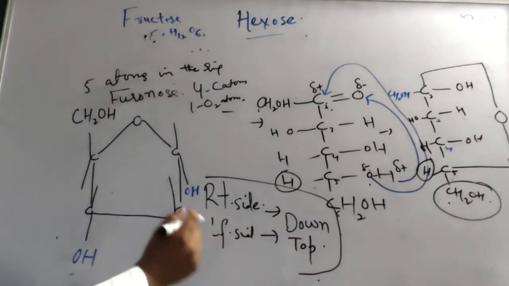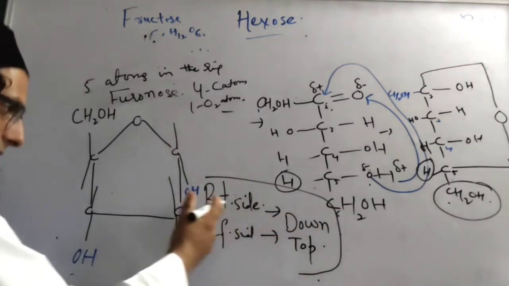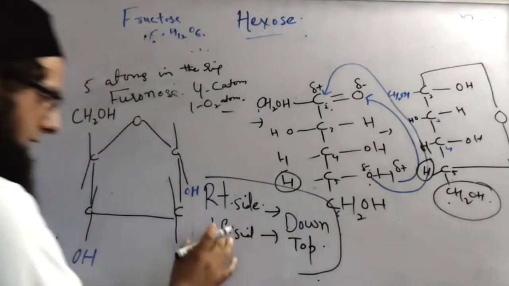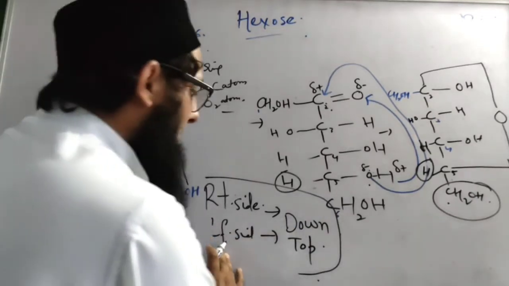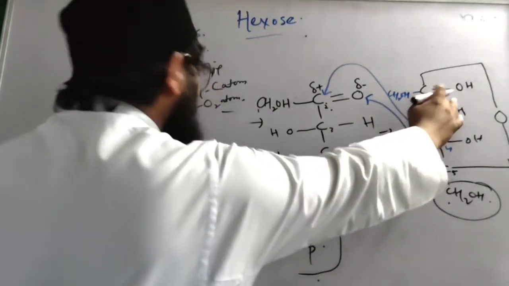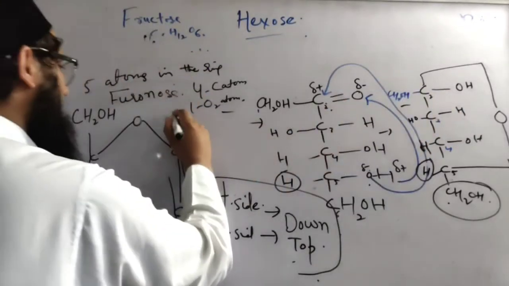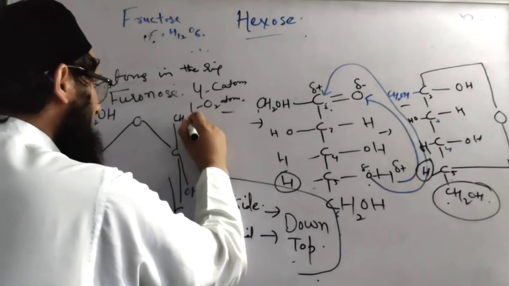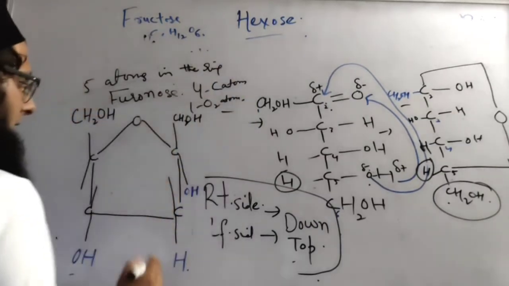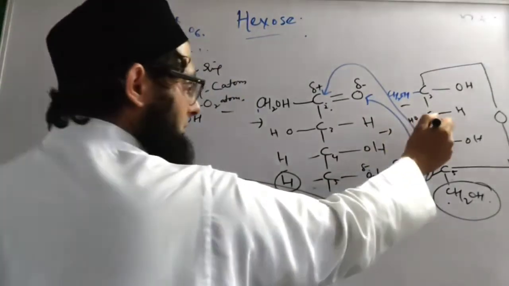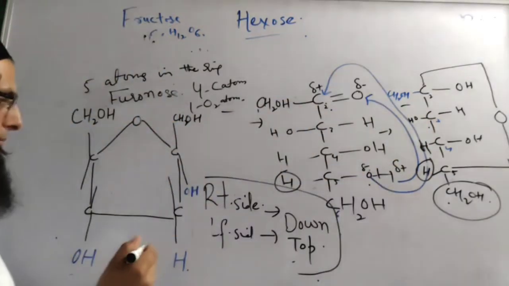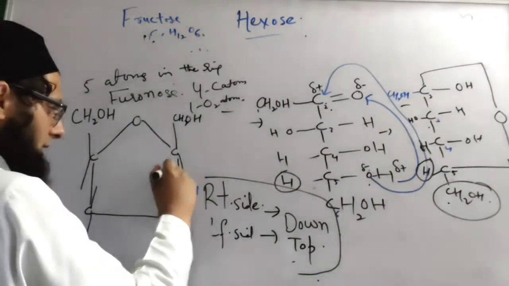So those on the right side, we rotate downwards. Those on the left side are to be placed on the top. At carbon number 2, on the left side, we have CH2OH. We will write CH2OH here. At carbon number 3, we have OH on the top, so we will write OH here.